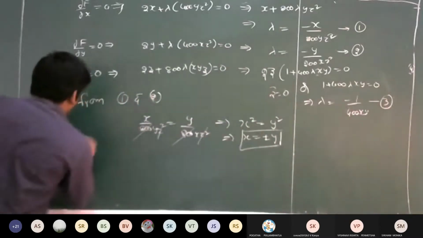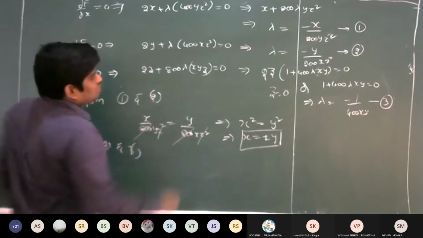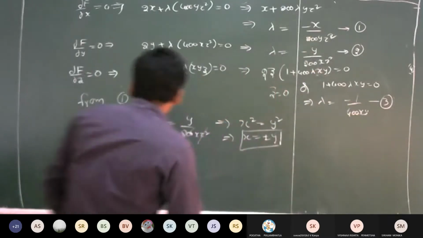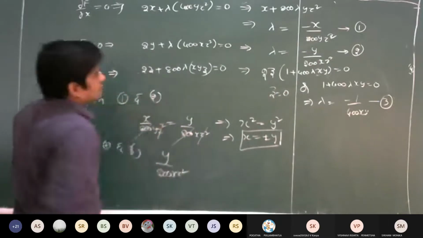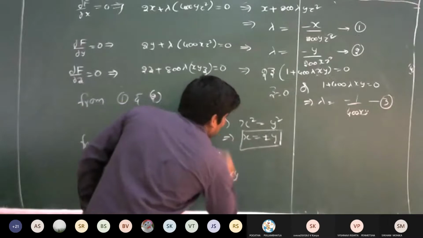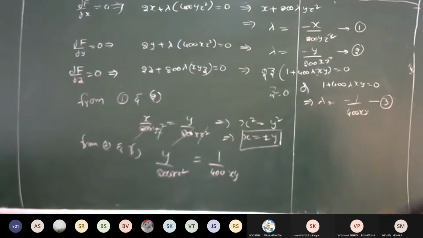Similarly from 2 and 3, lambda gets cancelled. So y by 200 x z square is equal to 1 by 400 x y. Is it clear?